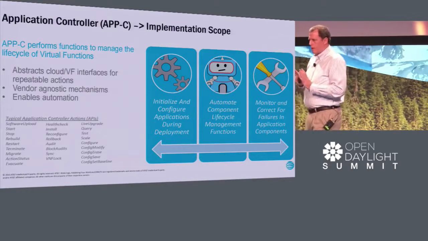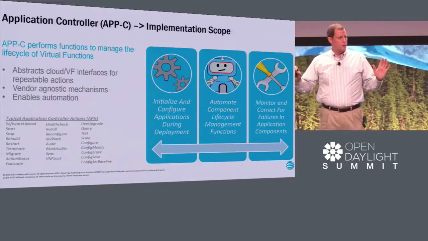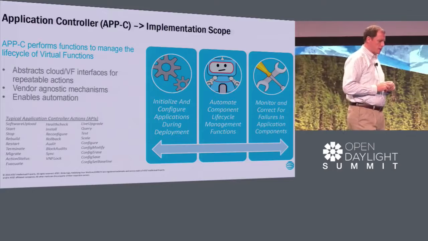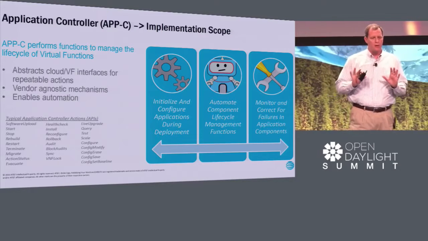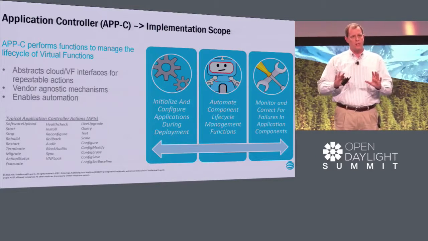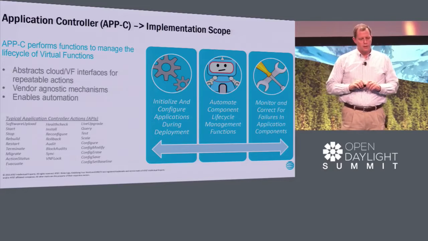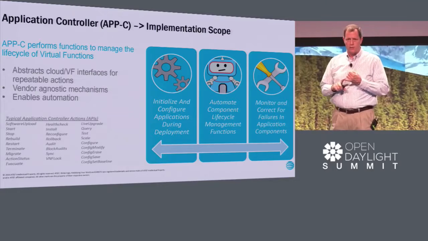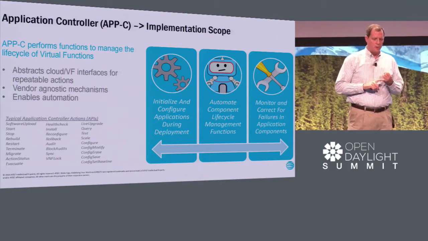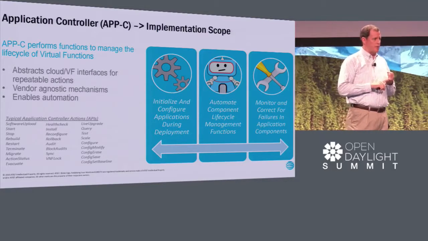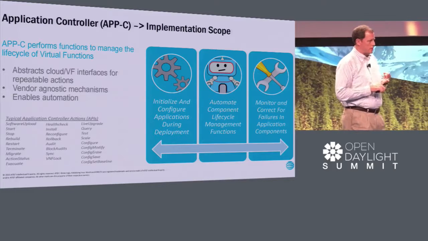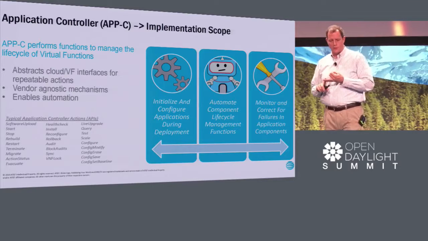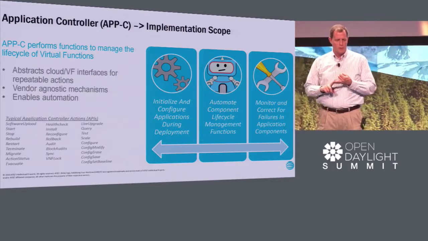So I think you're gonna hear a lot of talks, and everyone here knows a lot about the layer 2, 3 part of what you can do with Open Daylight. But I want to talk some about the application controller side. What can be done in layers 4, 7? And really the goal of our application controller is to first initialize and configure the VNFs during deployment, to automate that life cycle that they go through as we use them and consume them, and then finally to correct and monitor faults and failures in the application components.